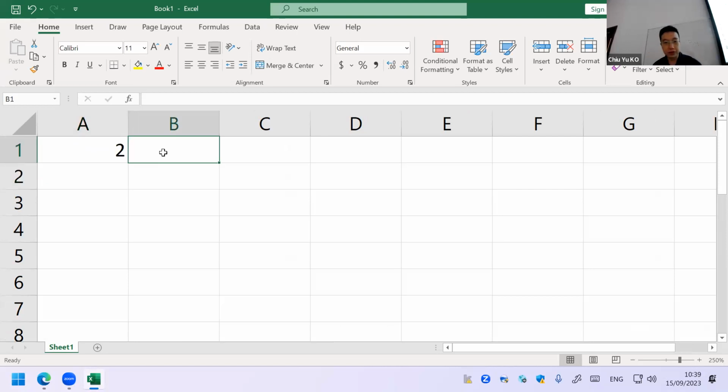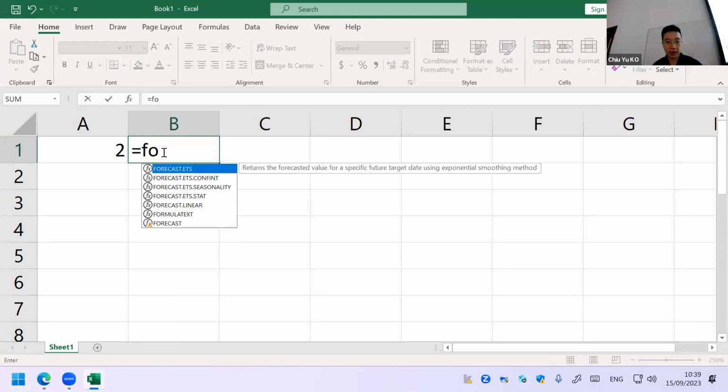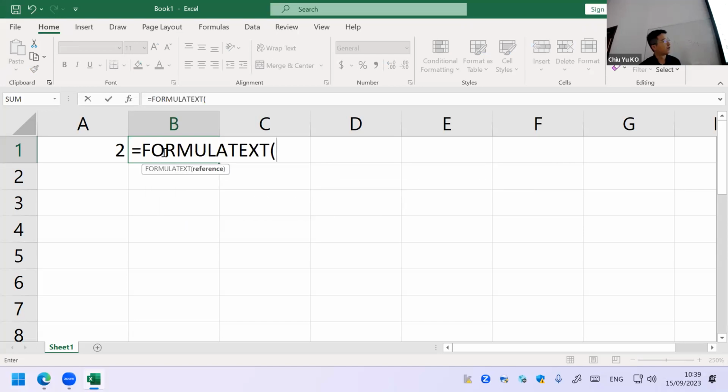To show you one of the very important functions for teaching Excel, it's called formula text. What I do here is show you the input. I put it in A1.